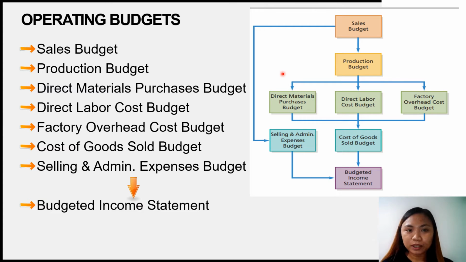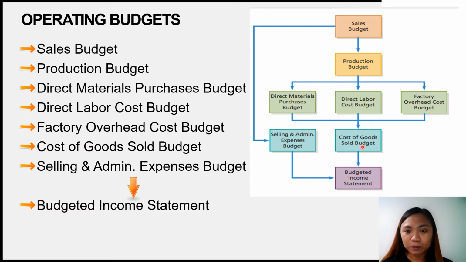So this exhibit shows the relationships among the operating budgets. So just like in a normal income statement, the budgeted income statement starts with the preparation of the sales budget. Then there are also expenses in the form of cost of goods sold budget and also the selling and admin expenses budget.